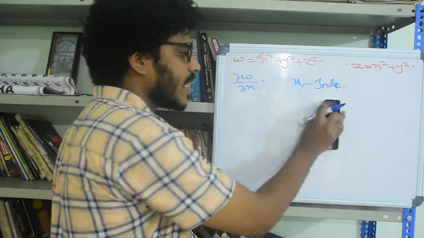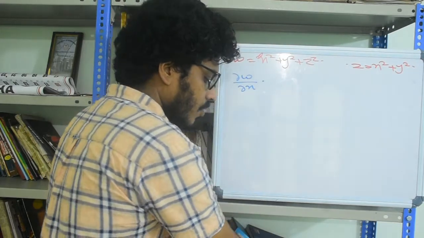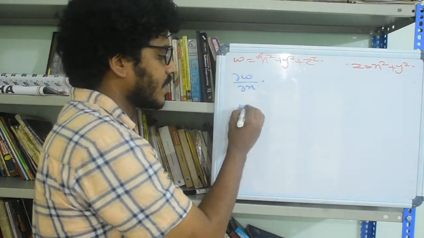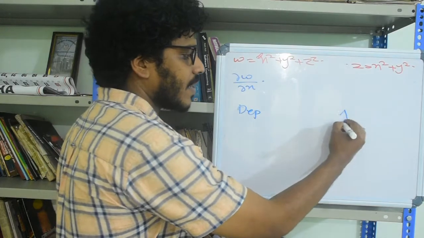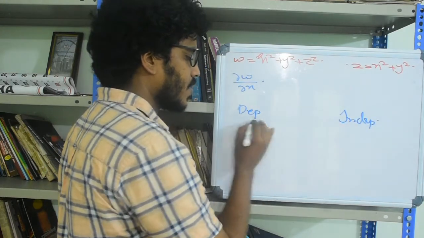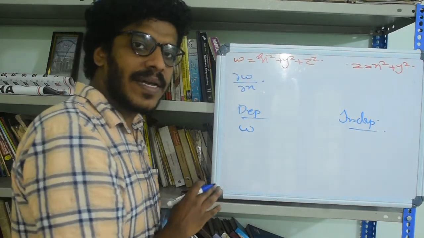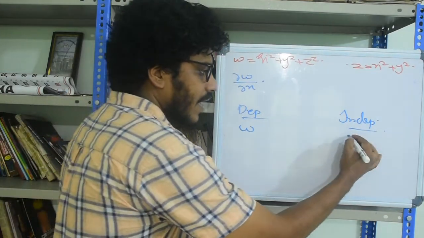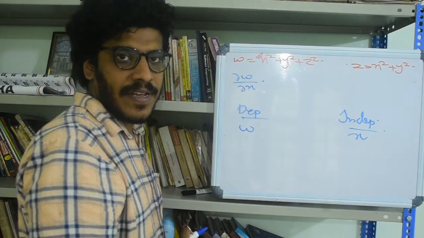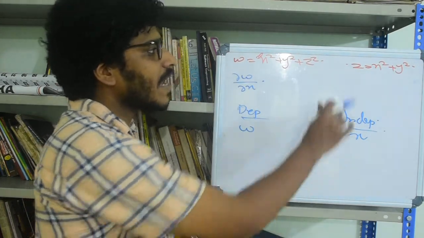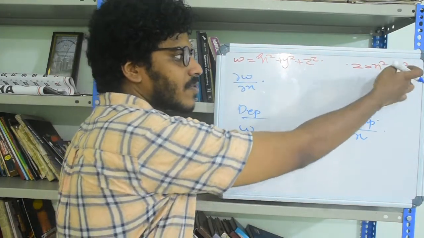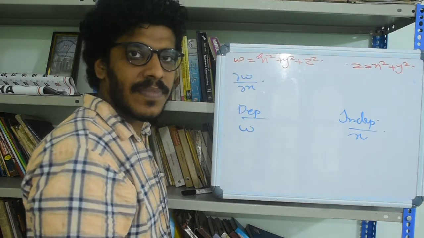So I'll write it in another fashion. We have certain possibilities, so let's tabulate them: dependent and independent. Right. W has to be a dependent variable and X has to be an independent variable. Right. And we have the constraint Z equal to X square plus Y square.